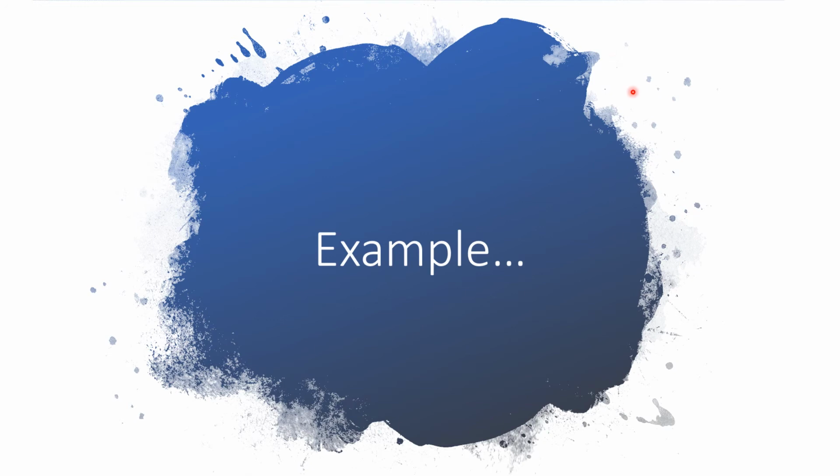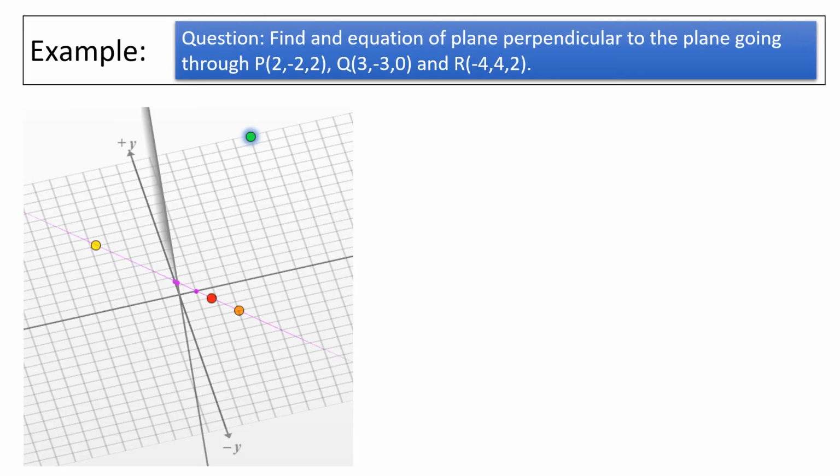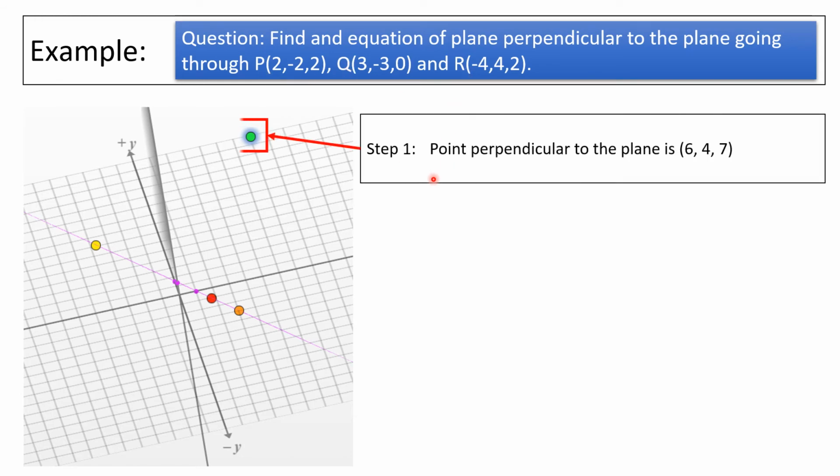So let's look at the example that we had previously. The question now was to find an equation of plane perpendicular to this plane. We will use the same coordinates P, Q, and R. From the equation of plane that we had previously, we know that the point perpendicular to this plane is 6, 4, 7.